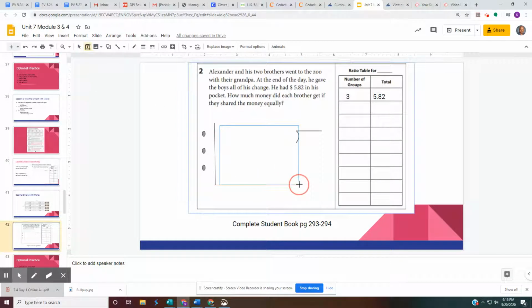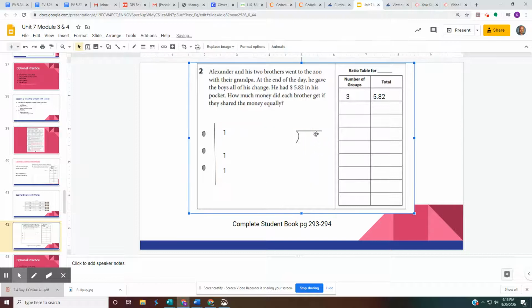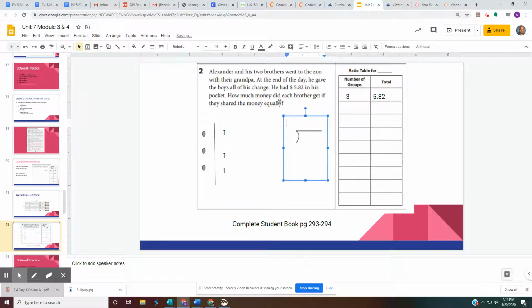And by giving everybody $1, I can now subtract that from my total. So I'll go 5.82, and I got to subtract $3, which gives me now 2.82, right? So how can I divide that then among three?